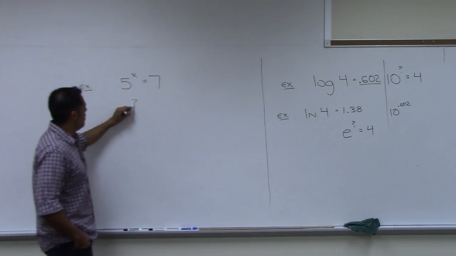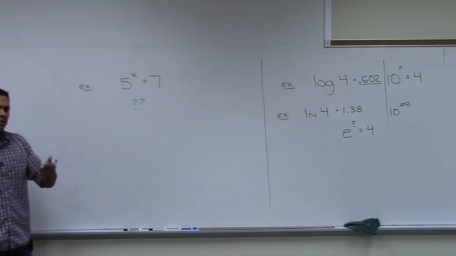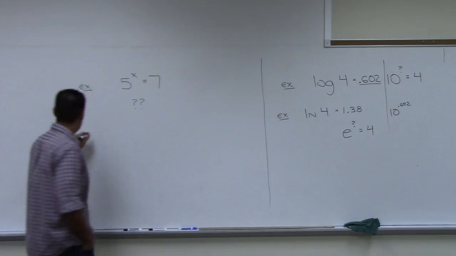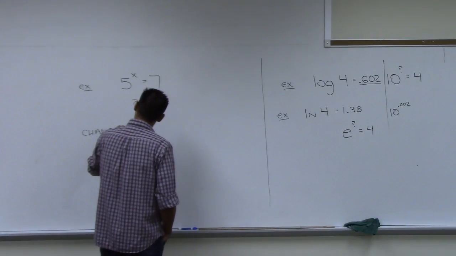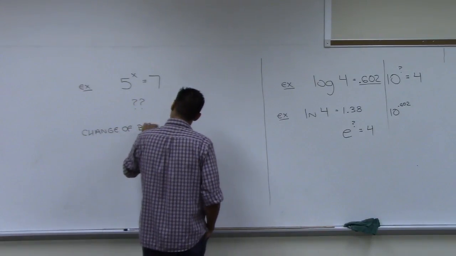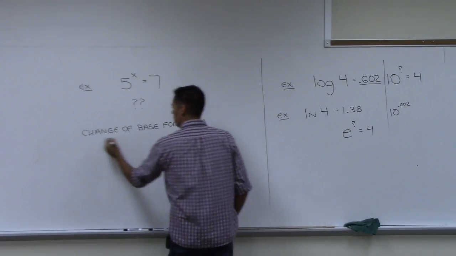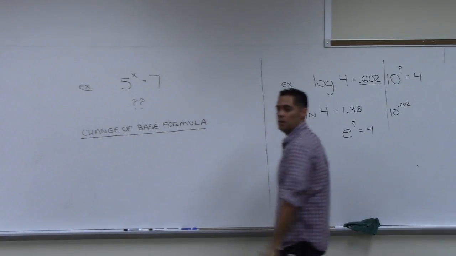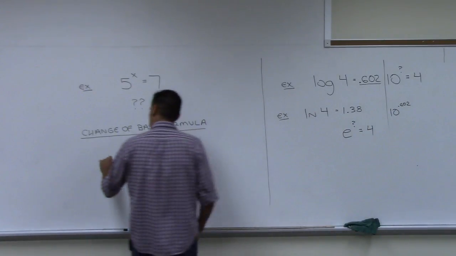We don't really know how to do this until we provide you with what's called the change of base formula. All right, so here it is. Change of base formula. This is a very important formula. Here's what it says.